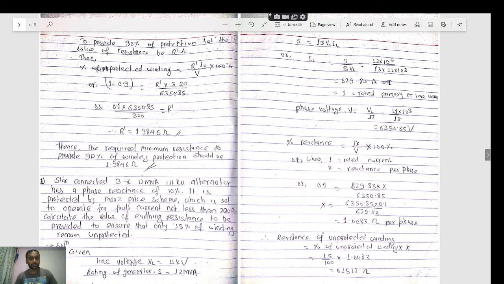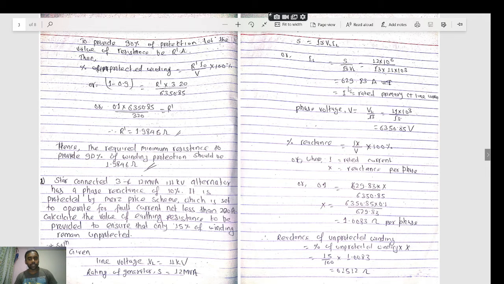So we have line voltage VL equals 11 kV, rating of generator 12 MVA. We know that the rating of generator equals root 3 VL IL. So IL equals S divided by root 3 VL, equals 12 into 10 to the power 6 divided by root 3 into 11 into 10 to the power 3, that is 629.83 ampere.